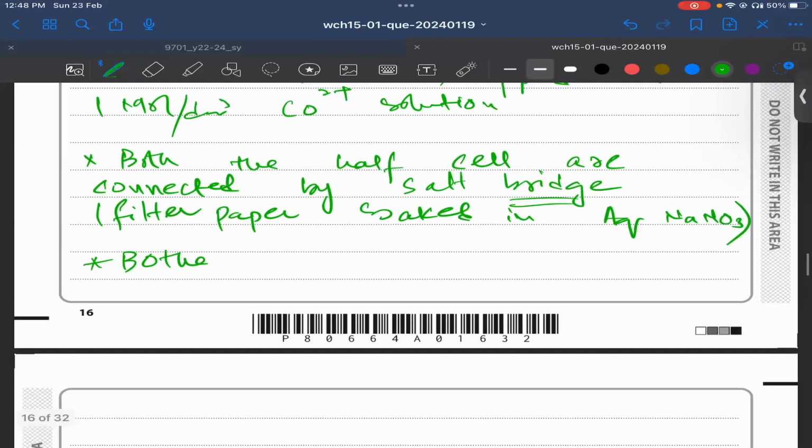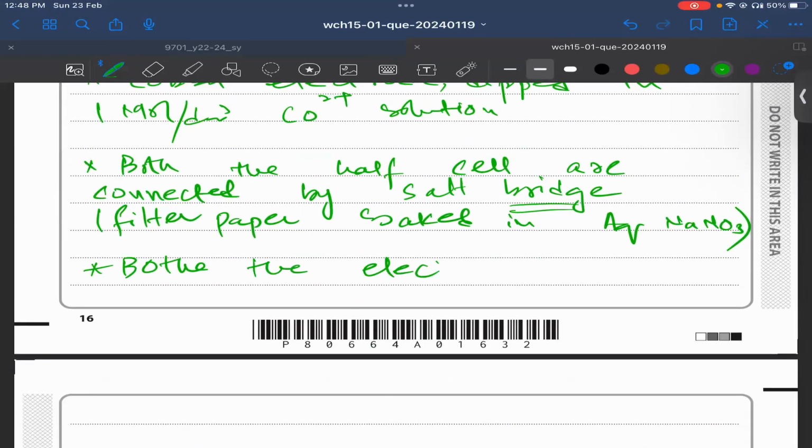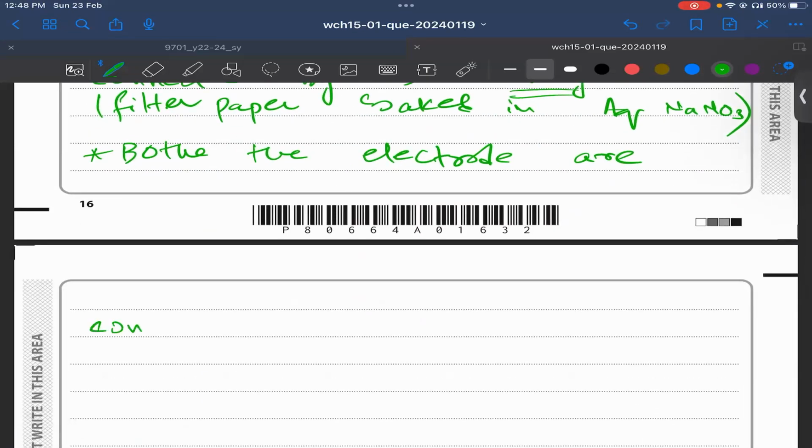So both the electrodes are connected by a high resistance voltmeter.